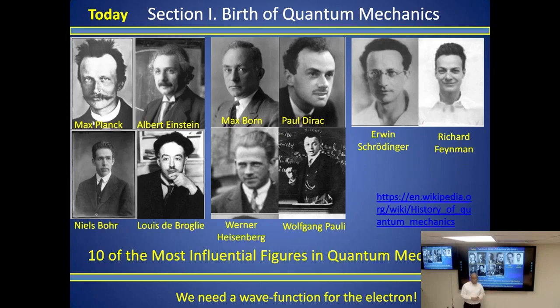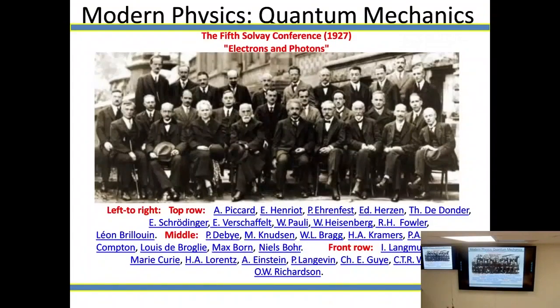So it is largely the physics of the first quarter of the 20th century. And it's still valid. To emphasize, these big names were actually contemporaries, people who worked together.